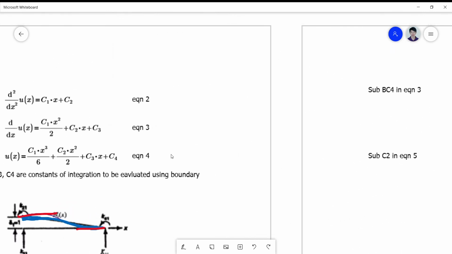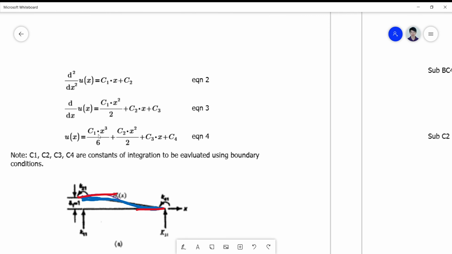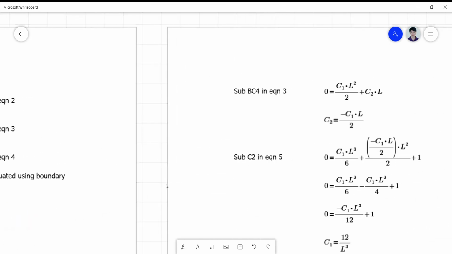Okay, so if we substitute x equals 0 here, these are all 0, so c4 becomes 1. And if we substitute x equals 0 here, this becomes 0, your c3 becomes 0. So all we need to figure out is what's the value of c1 and c2.